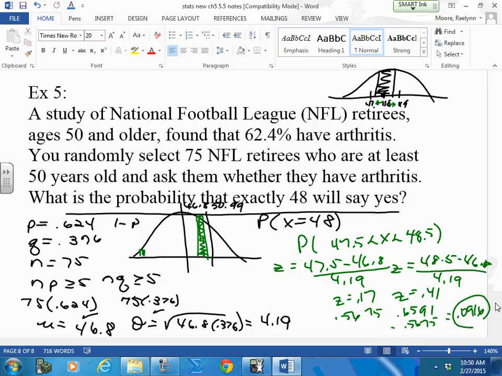Now, don't forget, finding an exactly is also tougher. If the probability is small that you'll find an exactly one thing. Out of all the 75, what's the chances that I'm going to get exactly that 48% said yes? If I said from 45 to 49, that's a lot better for me, a range, but picking one exact value, that's a tough one.